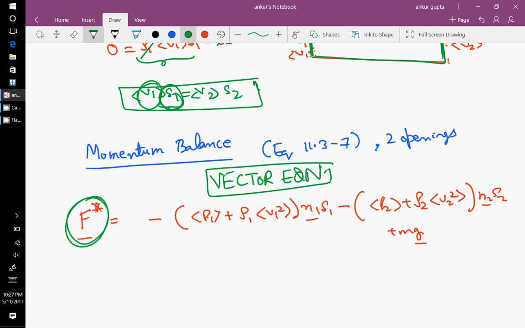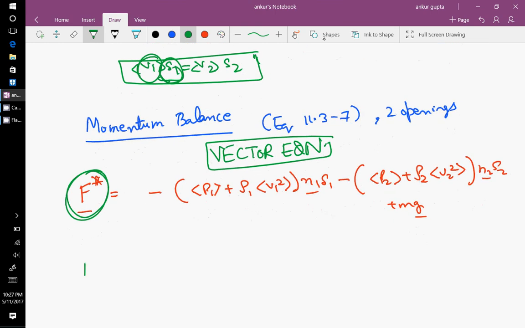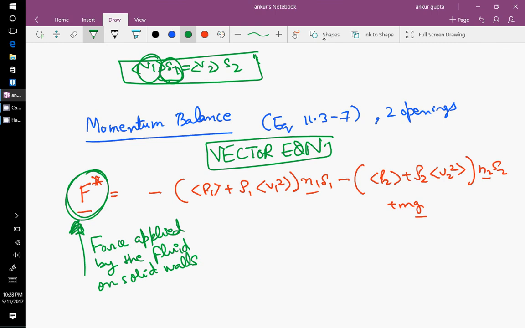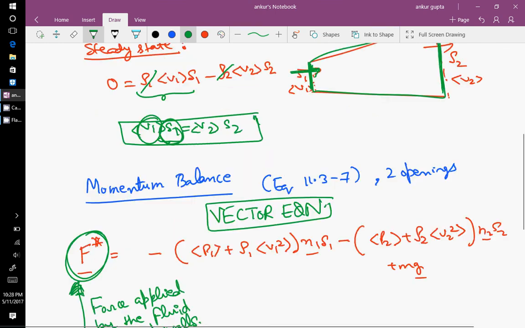Now, what is F star? I think this is the point where most students get confused. So, F star is the force applied by the fluid on solid walls. In any macroscopic balances, you need a control volume.